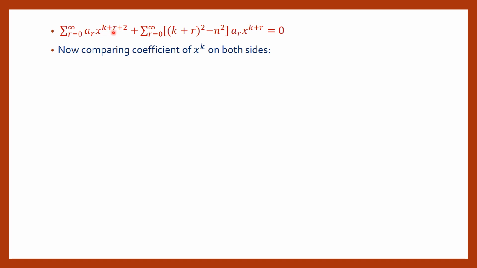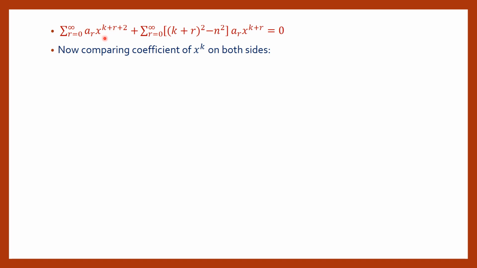In the second summation, if you put r equal to 0, the least power of x is x power k. So we consider x power k as the least power and equate the coefficients on both sides. On the right side there is no term, which means the coefficient is 0. As I already told, the first summation starts from x power k plus 2, so there is no chance of any x power k term.